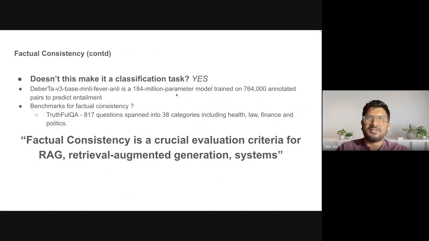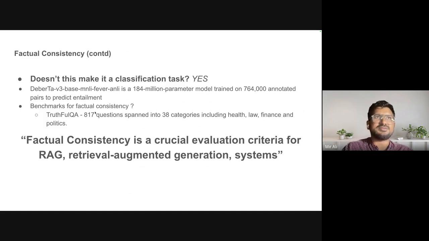Right now, we are in billions, so it feels very small. It is trained on 764 annotated pairs to predict entailments. So instead of just using foundation models, we can use these small models to check our factual consistency if we are able to convert our requirements.